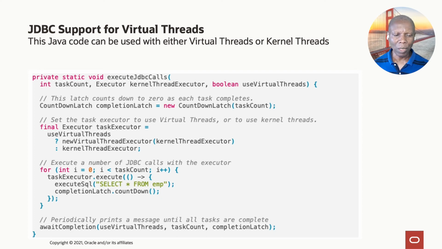So that's what it does. And this code is similar to just JDBC code. So you can use this approach with your synchronous Java code, and depending on what value you specify, it will execute using virtual thread or using kernel thread.